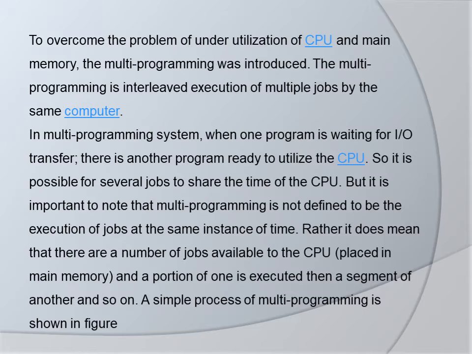One by one programs come, and when those programs are ready with the resources, they come under execution by the CPU. Rather, it means that there are a number of jobs available to the CPU placed in main memory. All these jobs are present in main memory only, and a portion of one is executed, then a segment of another, and so on.